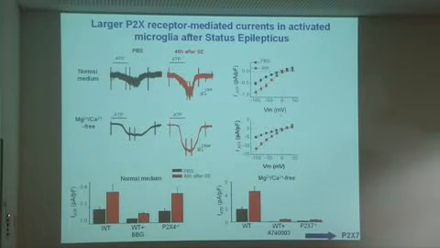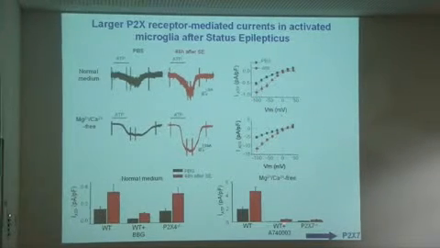So then as I told you, we can increase the response in the wild-type animal by removing calcium and magnesium. This is the data. And this response can be blocked by the highly selective P2X7 receptor antagonist, a compound synthesized by Abbott, that wiped out the response both in the control and the epileptic animal.